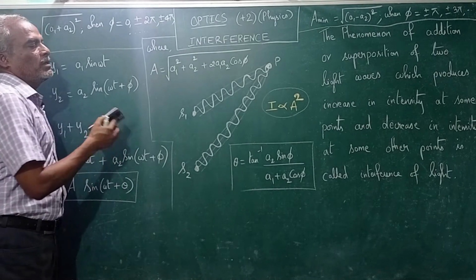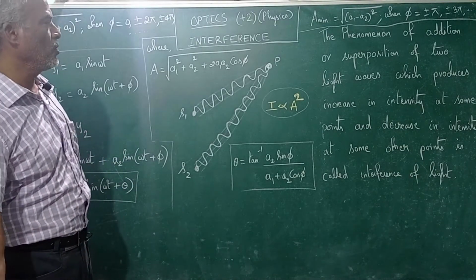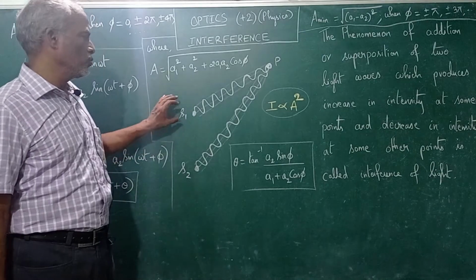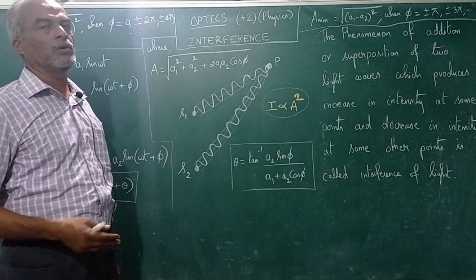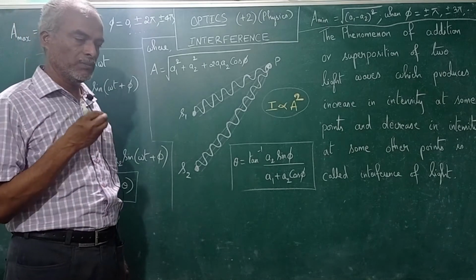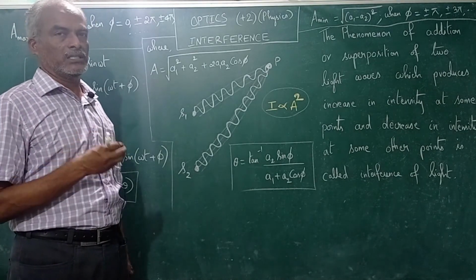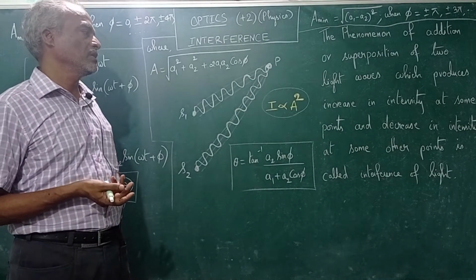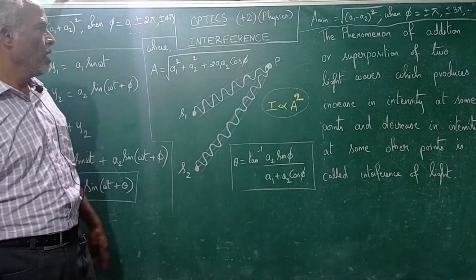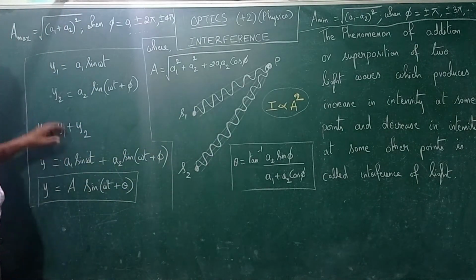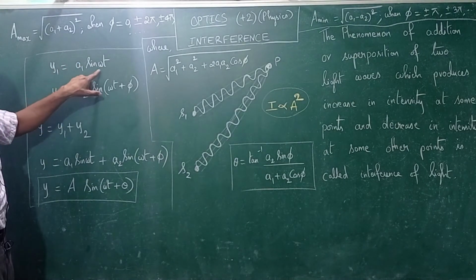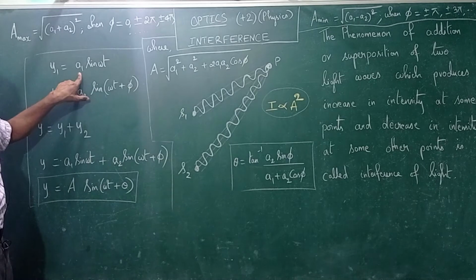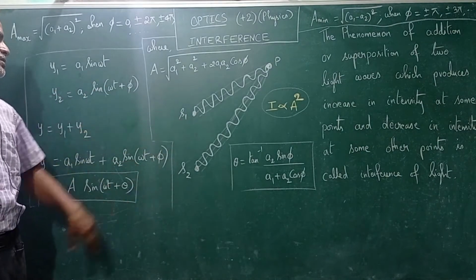So we will see a small derivation on what happens with the two sources of light arriving at a point, whether it is constructive or destructive, or what is the basic condition for constructive interference or for destructive interference. Okay. Now from source 1, let the light wave equation be A1 sin omega t, where A1 is the amplitude from this source.